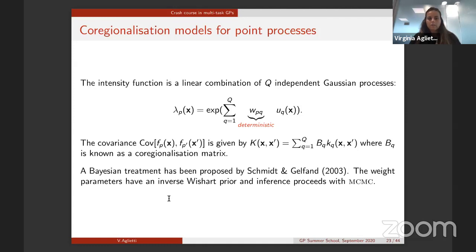The important thing to notice here is that the weights of this linear combination are deterministic and are generally optimized within your inference framework. A Bayesian treatment of this type of model was proposed back in 2013, but again, inference was proceeding through a sampling algorithm, so again, it was quite computationally intensive.